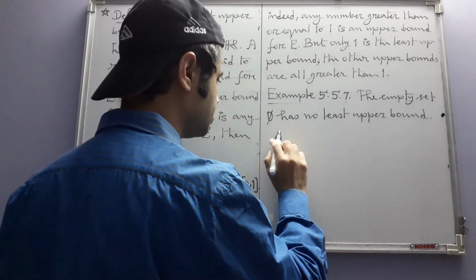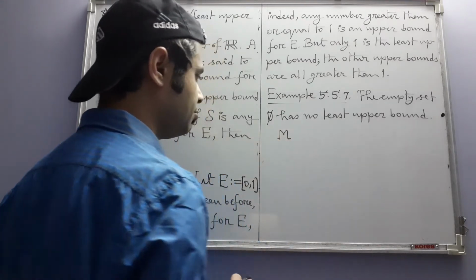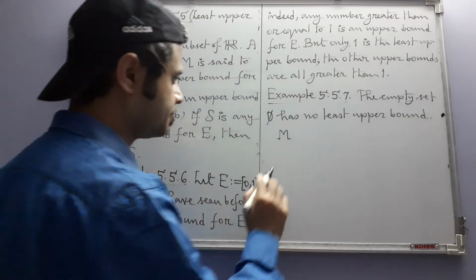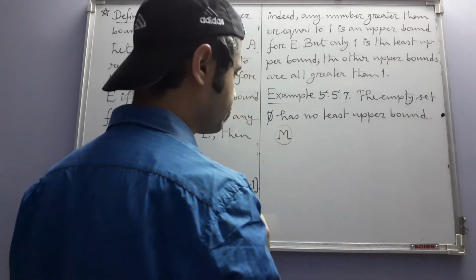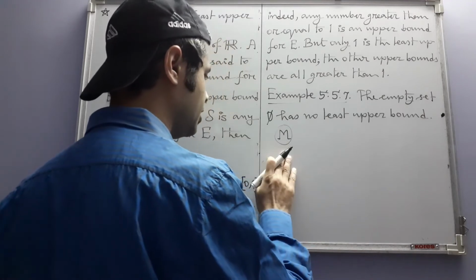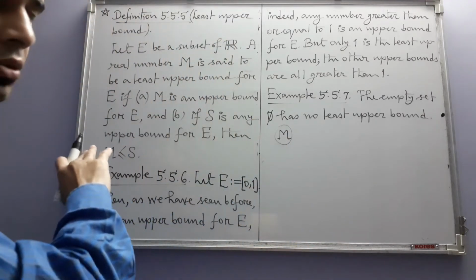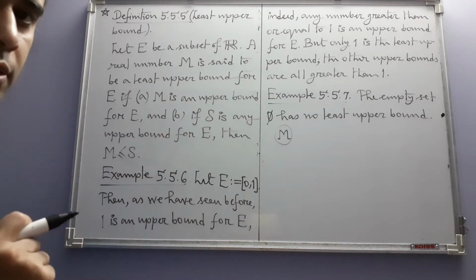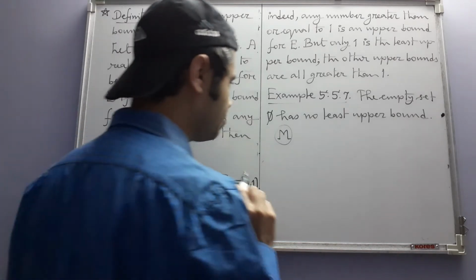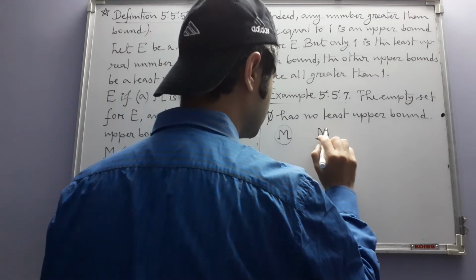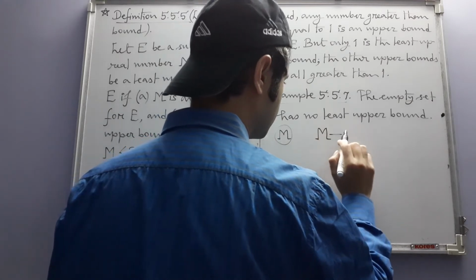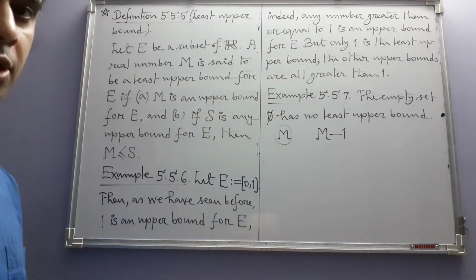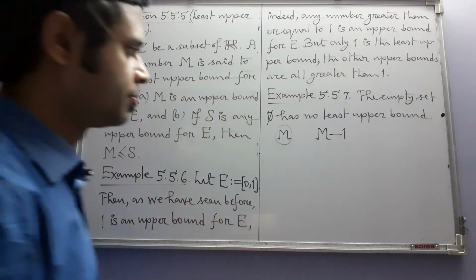Say M is a least upper bound for the empty set. Since we have already seen that the empty set has every real number as its upper bound, in particular M minus 1 will also be an upper bound for the empty set.